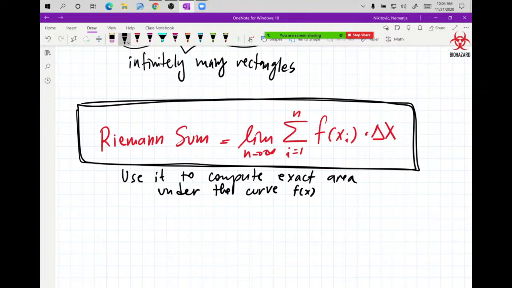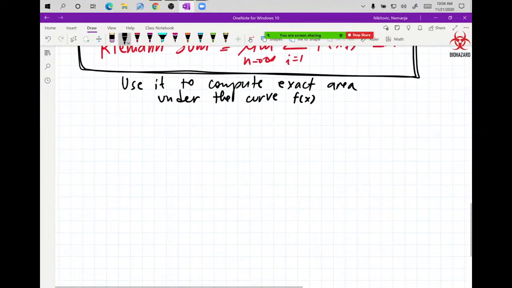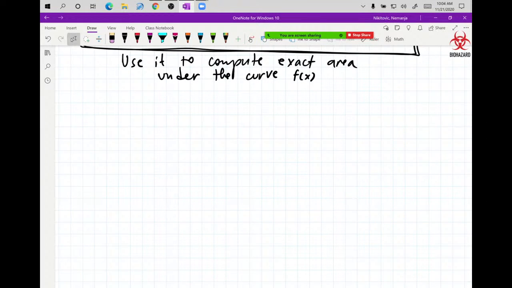Let's do something simple that we can verify geometrically. And then let's do something, I guess, more interesting. So let's say that you want to compute the area of a triangle with a height of 5 and a length of 4.